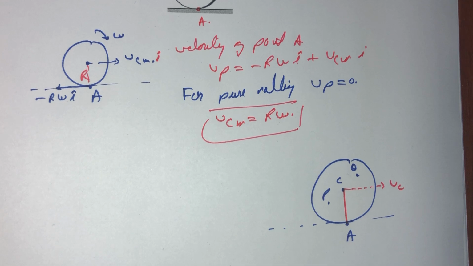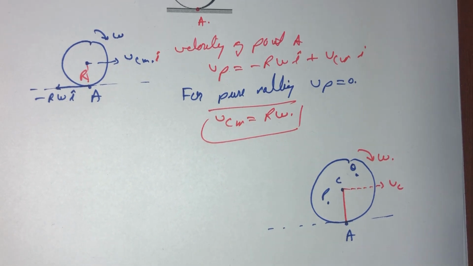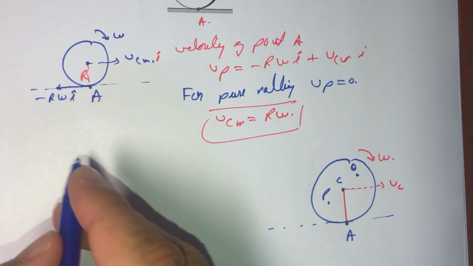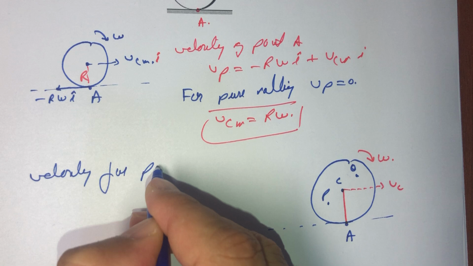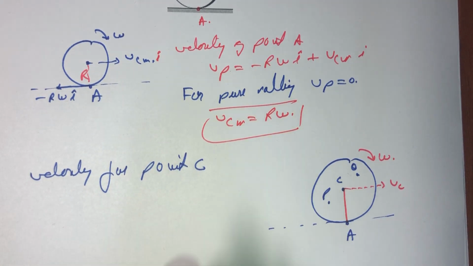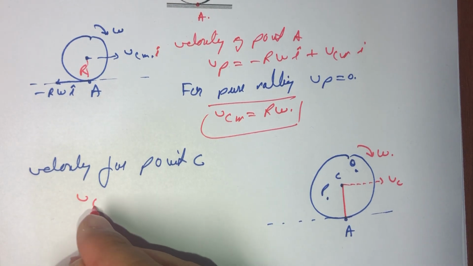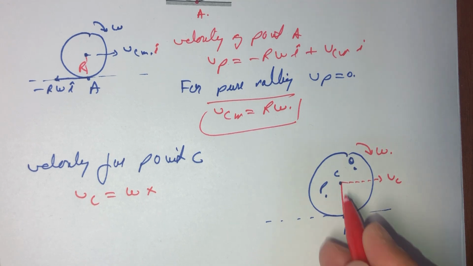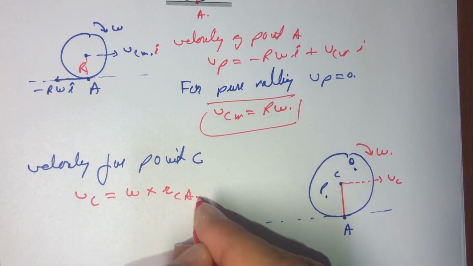I forgot to mention the angular velocity, so the velocity for point C, given as Vc, will be equal to omega multiplied by the distance CA. Let us call that RCA.